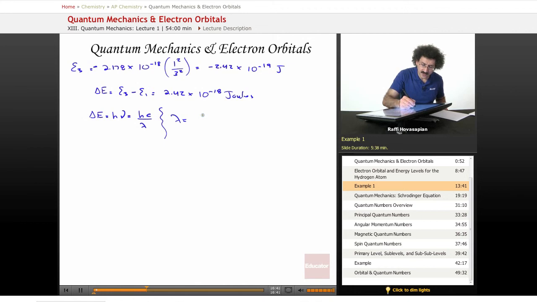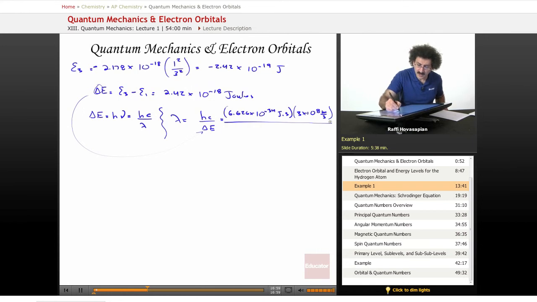So wavelength is equal to hc over delta E. Delta E is that thing. So we get 6.626 times 10 to the negative 34 joule seconds times 3 times 10 to the 8th meters per second divided by 2.42 times 10 to the negative 18 joules.